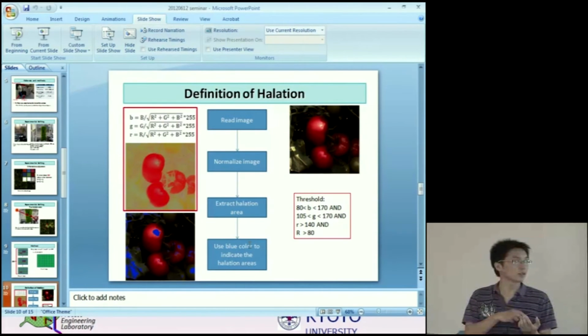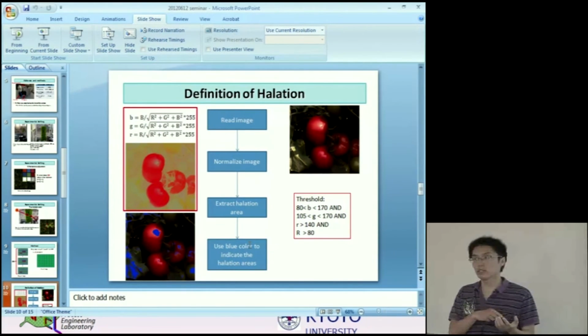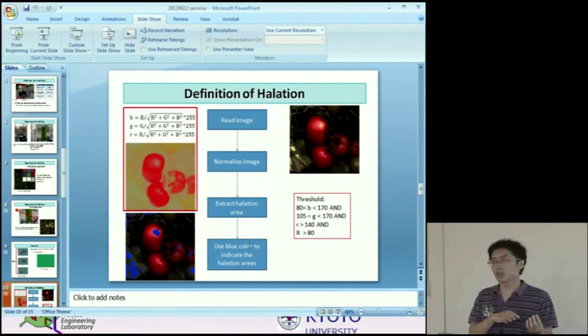Maybe it's not only for harvesting, it can also be for a monitoring system. So after getting the whole color information of the tomato, we can know if the tomato is good or not, or whether some cultivation condition is good or not, like that.